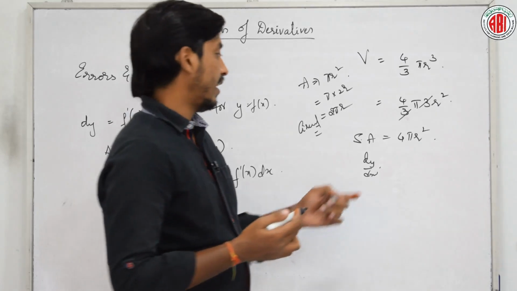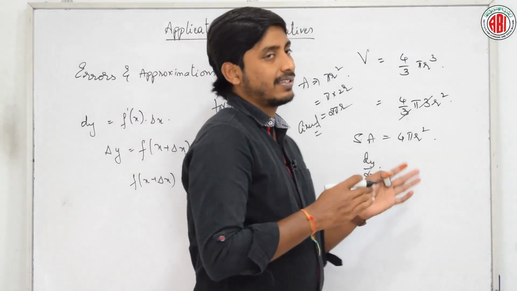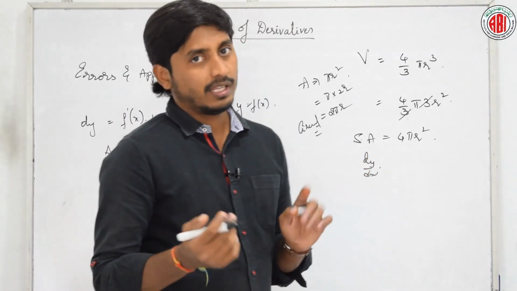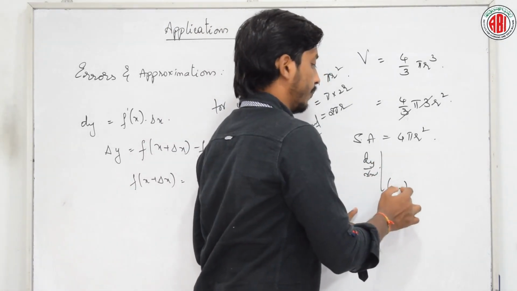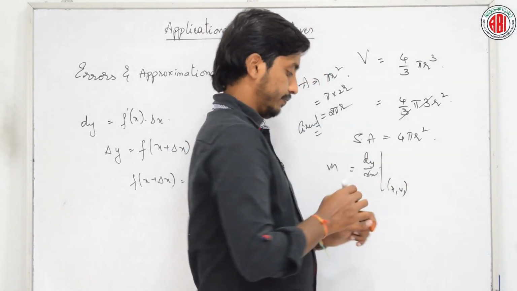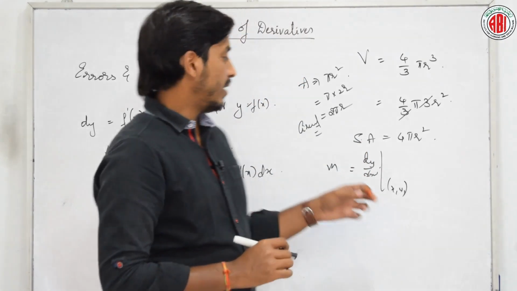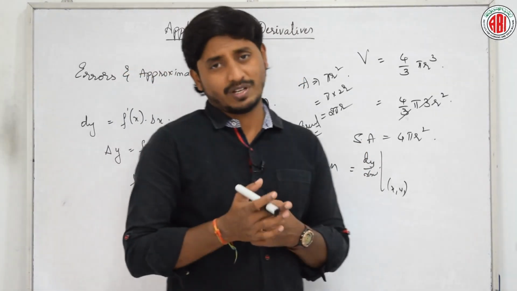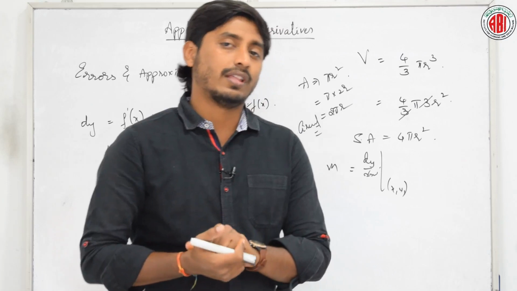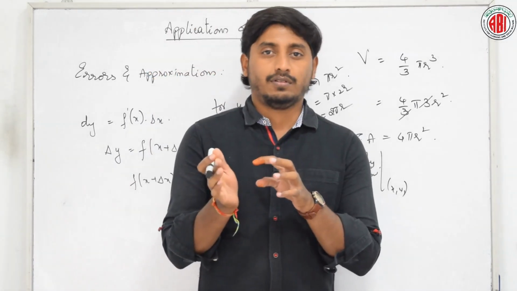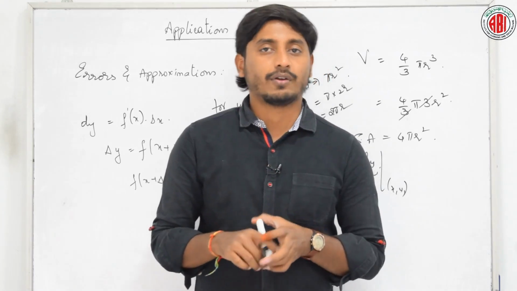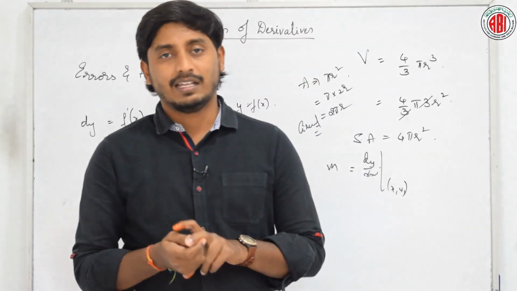If y is some equation in x and y, then just differentiate it at a particular point, and that will be our slope, isn't it? Based on this concept, we will solve a few questions. And not only this, there are many important key concepts to be learned in this chapter. Shall we start? Fine.